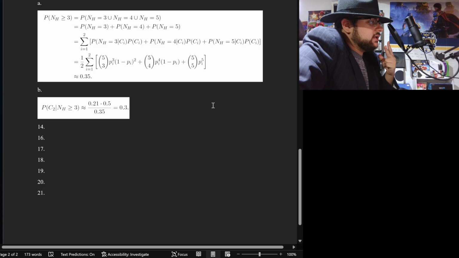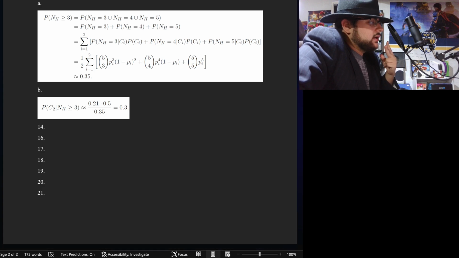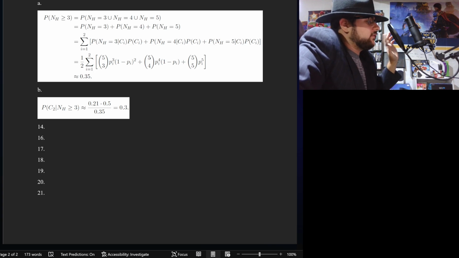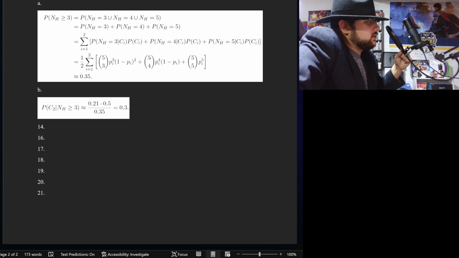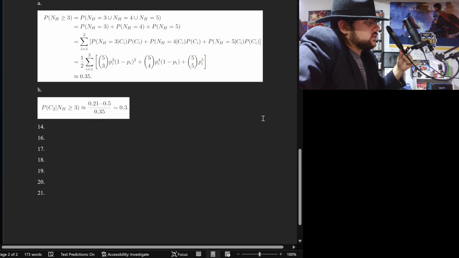So all we need is the 0.21, which you can find out by the summation of 5 over J equals 3. You solve that out, you get an approximation of 0.21. Then you just do some simple math there, and you get 0.3.